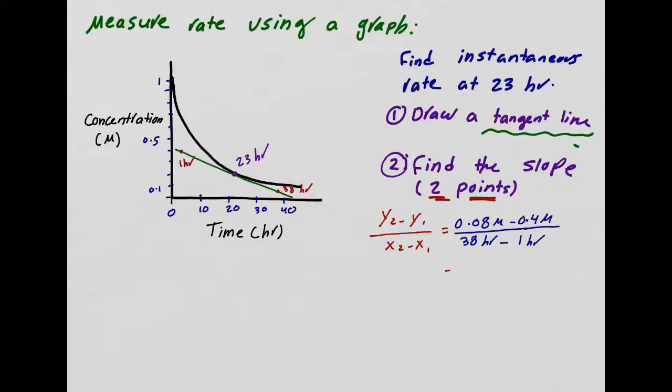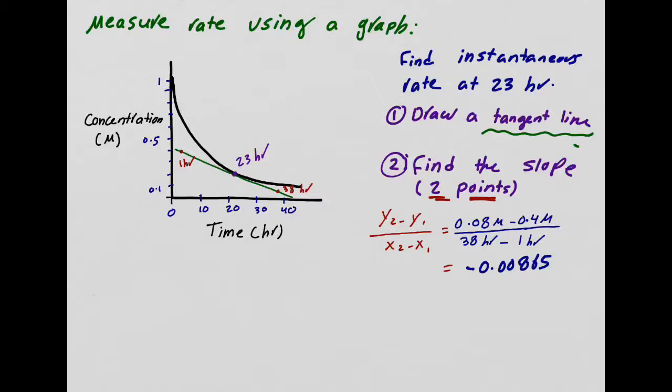Now, if you put this in a calculator for me, what do you end up getting? You end up getting negative 0.00865. Okay, that is going to be your slope. That is going to be the slope. Okay, now what is the unit of this slope?